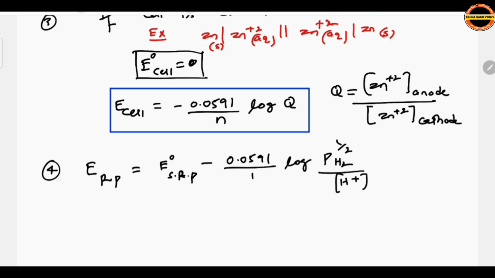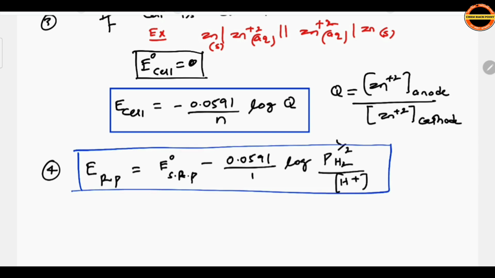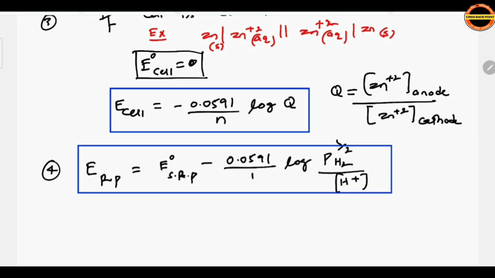So in this equation, the hydrogen electrode is which type? The hydrogen electrode as cathode type. Reduction occurs at the cathode, right? So the hydrogen electrode is now acting as cathode.